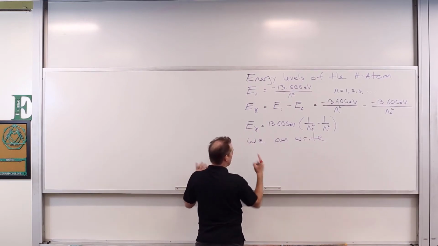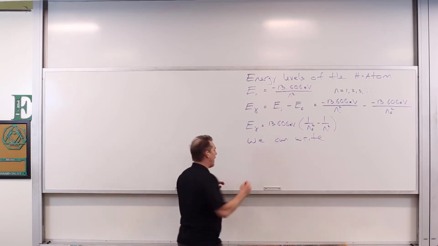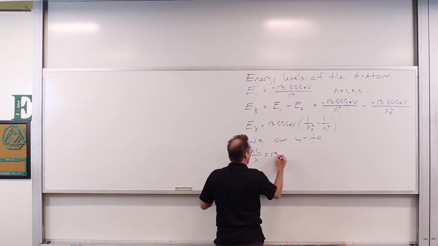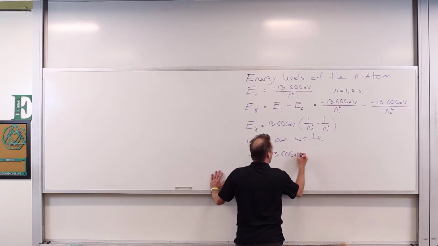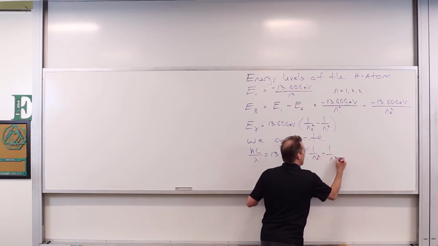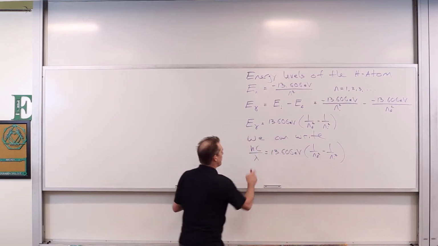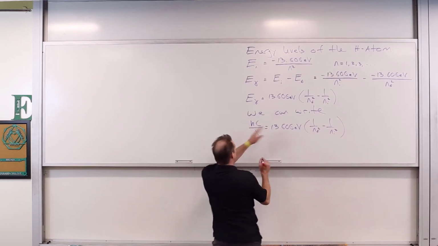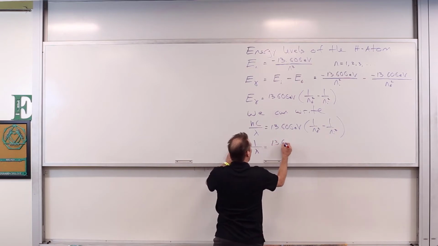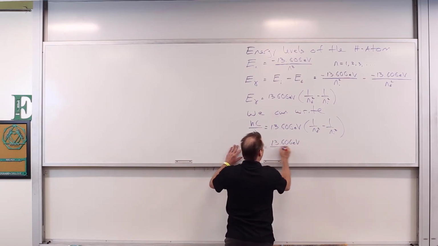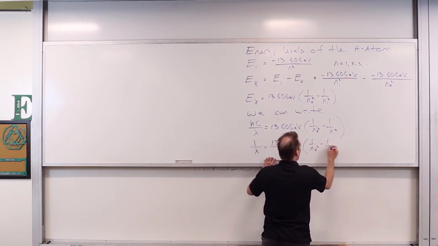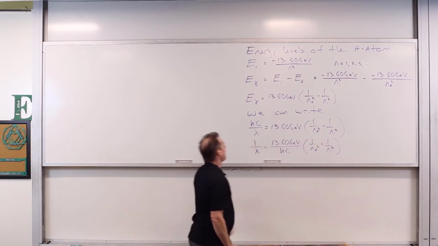From E sub gamma being equal to hc over lambda, we can write that hc divided by lambda is equal to 13.606 electron volts times 1 over n final squared minus 1 over n initial squared. And then what can we do with this? We could divide both sides by hc and write this as 1 over lambda is equal to 13.606 electron volts divided by hc multiplied by 1 over n final squared minus 1 over n initial squared.